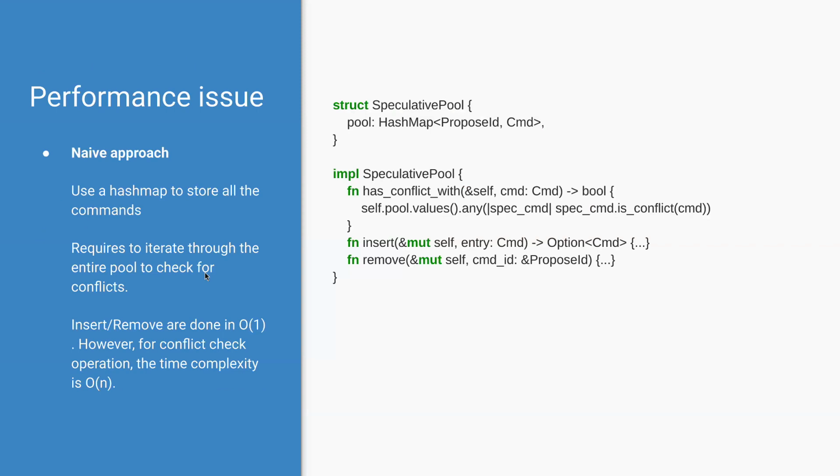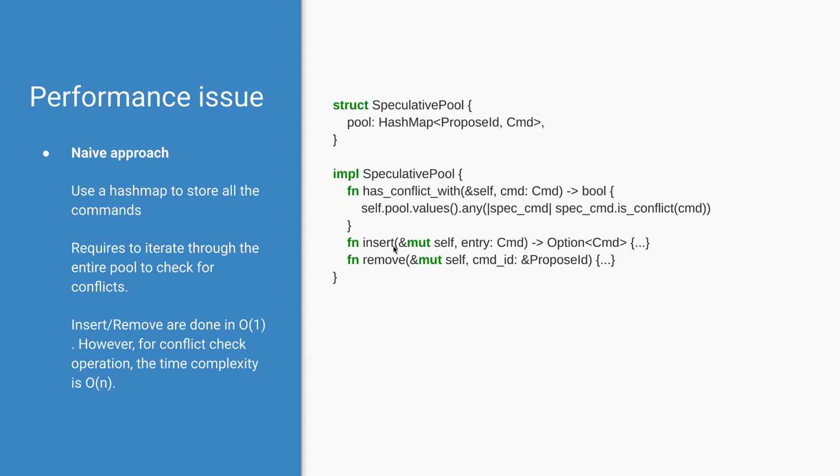So the primary concern is the performance issues in the old conflict pool design, because it is on the critical path of the entire propose process. In both the speculative and the uncommitted pool, you will need to iterate through the entire pool to check for conflicts. You can check the API of the speculative pool.